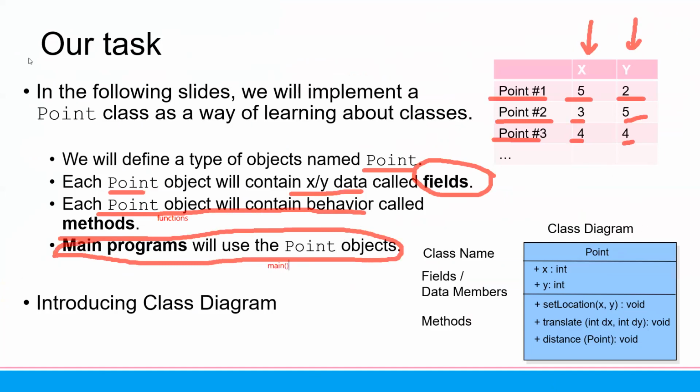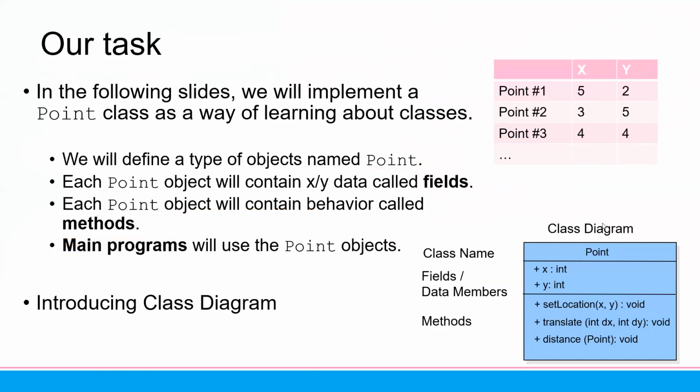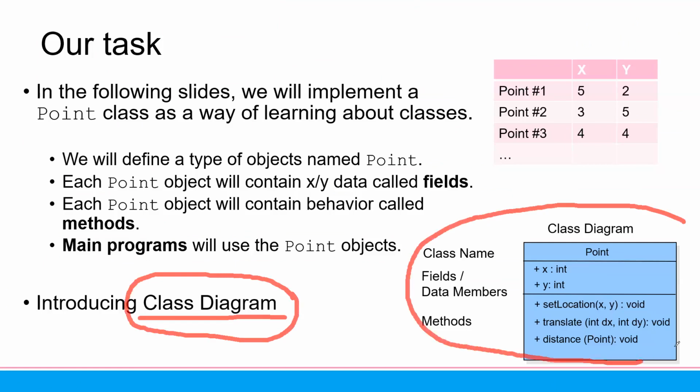In order to do this object-oriented programming, let me introduce the class diagram. What is a class diagram? We call this the class diagram. In this class diagram, there are 3 things: class name, fields or data members, and methods or functions.